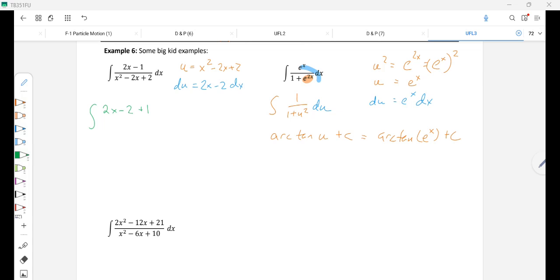Over x squared minus 2x plus 2 dx, which really means I have two separate integrals to solve here. I've got the one that I'm going to u sub, which is 2x minus 2 over x squared minus 2x plus 2. And then I've got a second integral, which I'll be able to complete the square on.